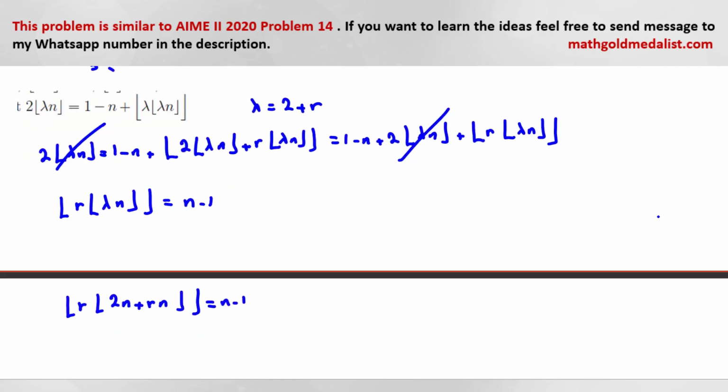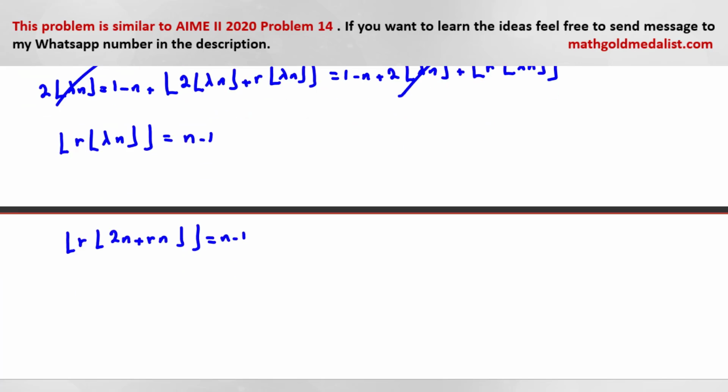Agreed or want me to explain? Agreed. Okay. Now we can say r times 2n plus rn is from what to what? It's from n minus 1 to n.